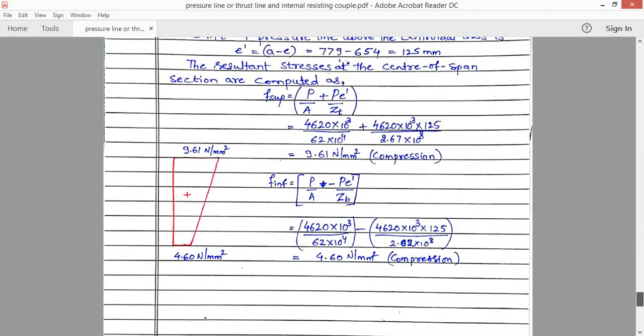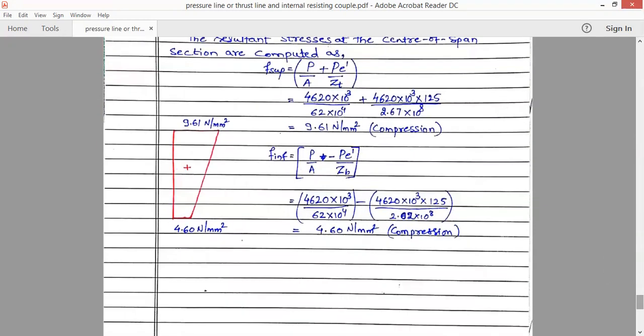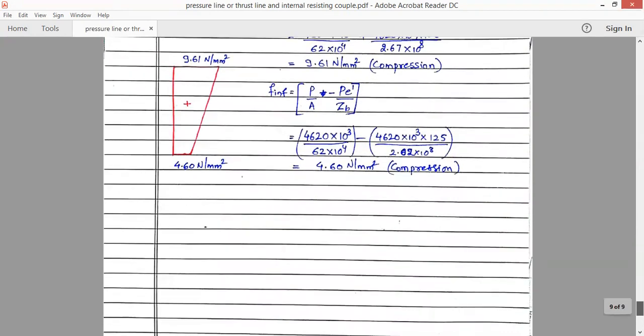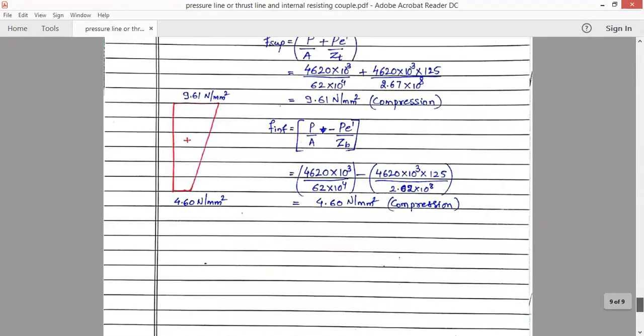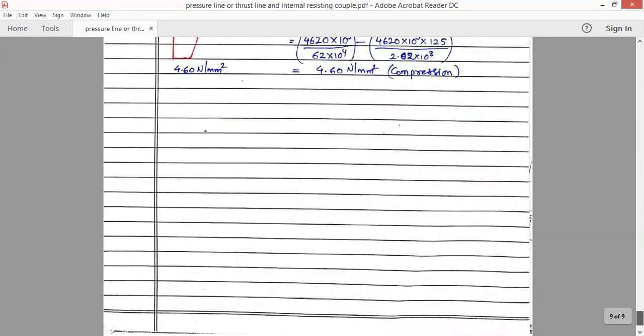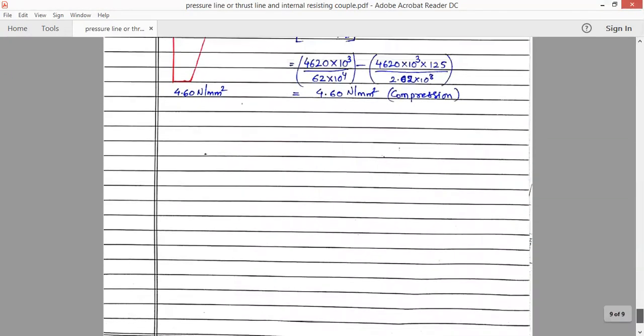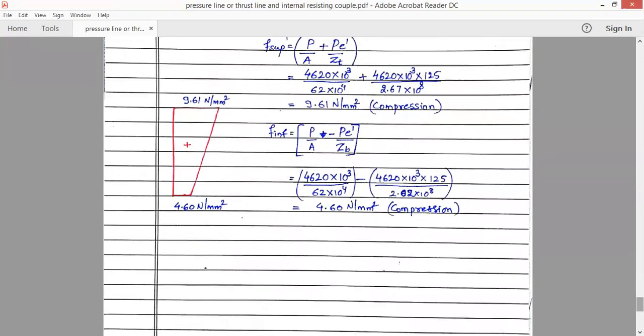So students, I think you got the difference between the two methods, the C line method, P line method, and the strength method. On completion of these two methods, you can solve the problems related to them, and I am going to give assignments related to these two. Okay.